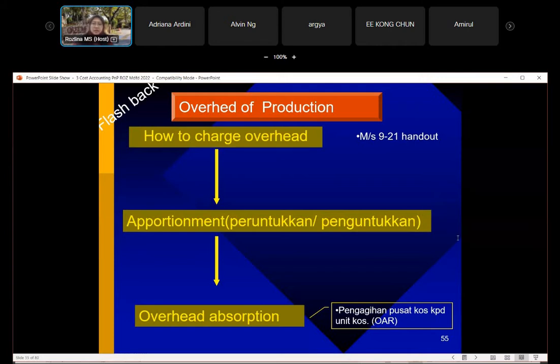Okay, so. Kenapa tak nak? Tak nak apa buka mic.